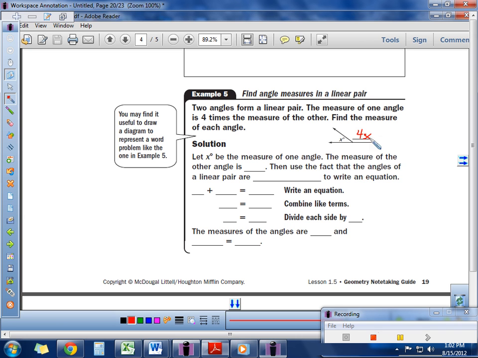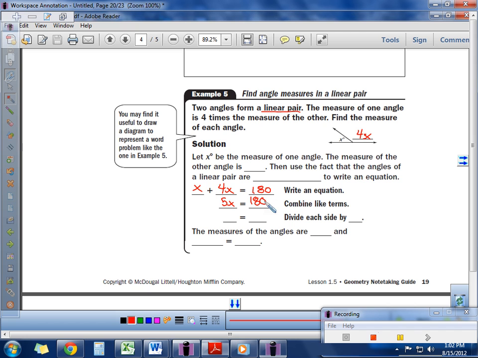Those are the 2 angles that we have. The key thing you should know is they're a linear pair, and a linear pair adds up to 180. Therefore, these two values add up to 180. So we can say x plus 4x is 180. Combine like terms, x plus 4x is 5x. And calculator time, 180 divided by 5.